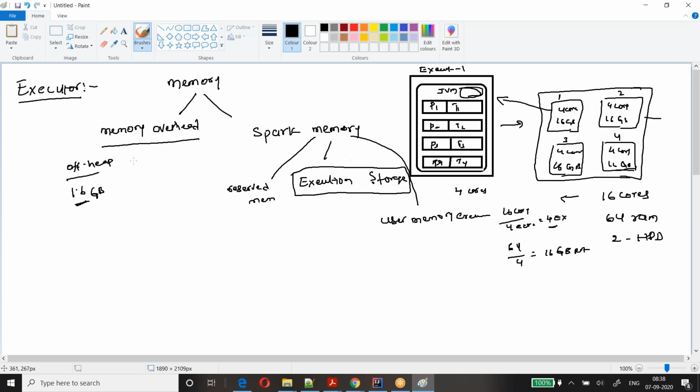You'll consider 10% as overhead. Apart from the 10%, let's say 1.6 GB is already taken out, so the rest will be 14.4 GB. This 14.4 GB will be divided into 3 parts.